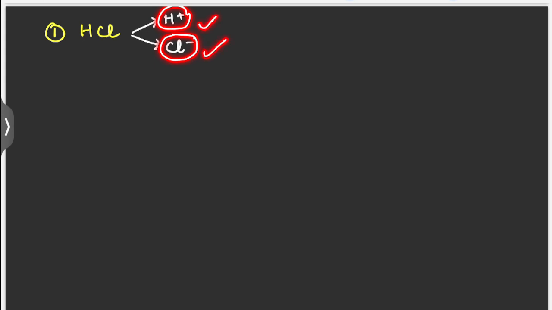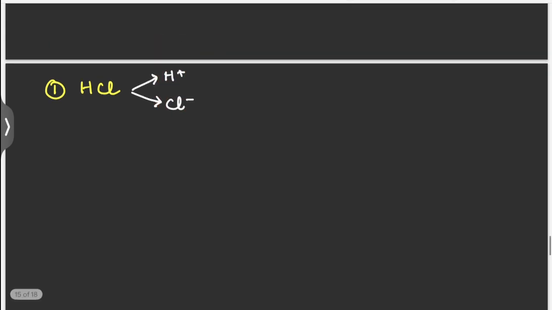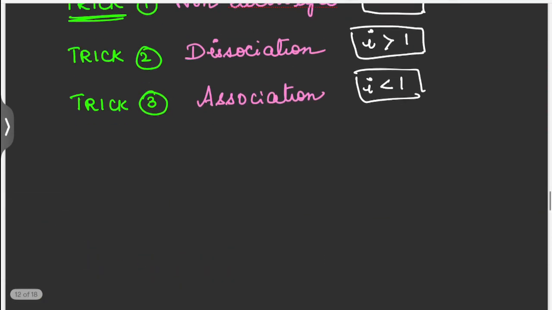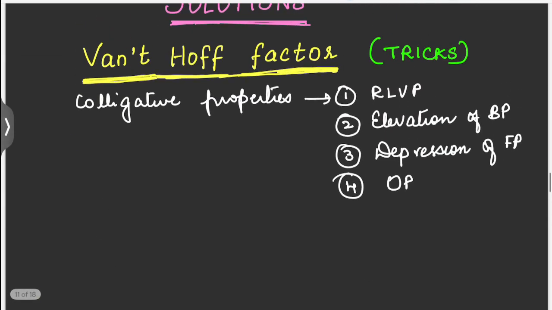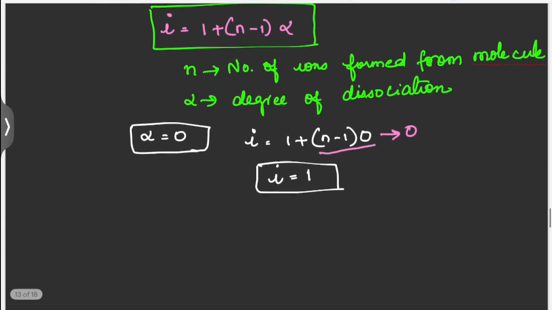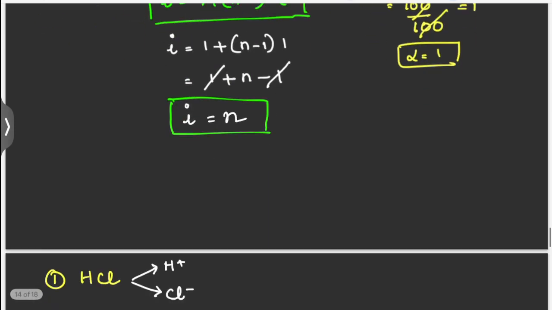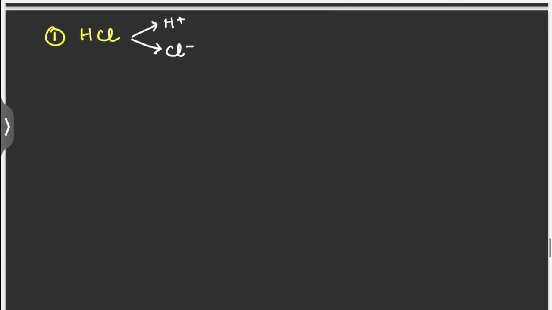So there are 2 ions formed. n is nothing but the number of ions formed from the molecule. So from one HCl, H plus and Cl minus ion are formed. Totally there are 2 ions. Therefore n value is equal to 2.